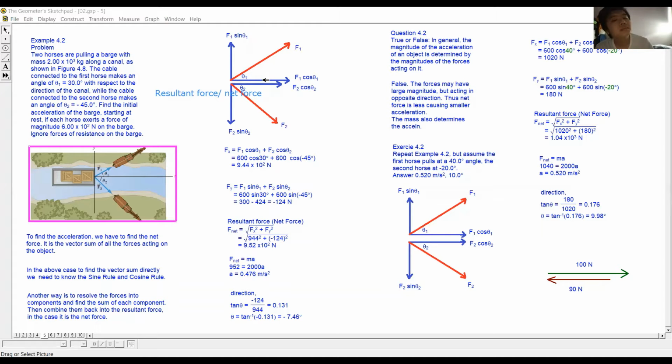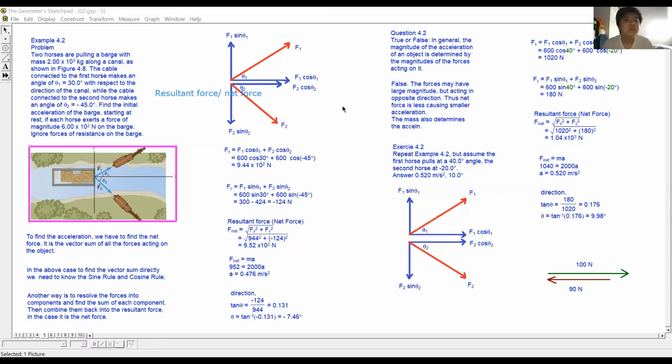The two 50-cent coins are the blue color. So the red color is equivalent to the two blue colors. That means you don't have the 1 ringgit note anymore; you exchange it for two 50-cent coins, F1 sine theta 1 and F1 cos theta 1. So no more red color, just these two blue colors.